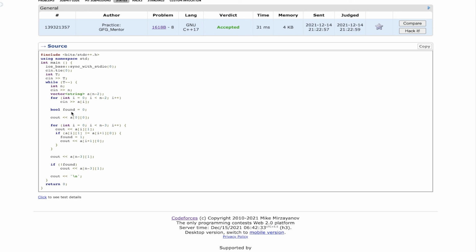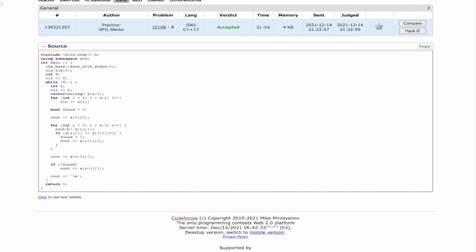But if we do not find this case, then that would be our second case, and we would simply print the last letter of my last bigram. Now let's see how we can write the word. The first letter of my word would be the first letter of my first bigram, simply as it is.